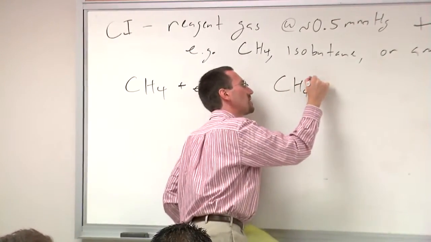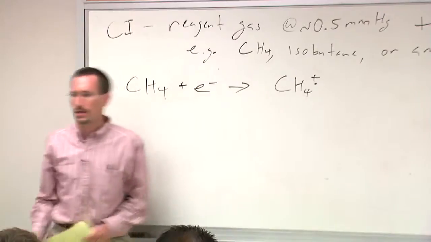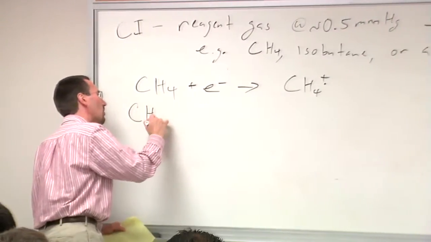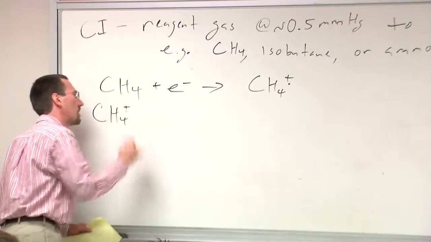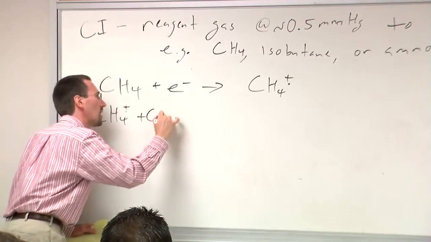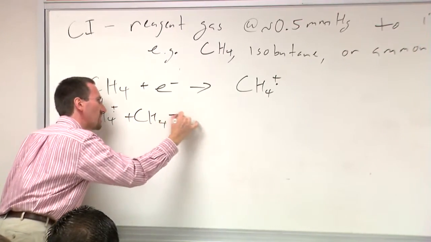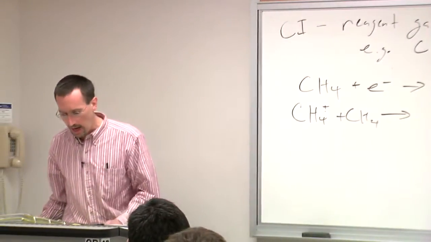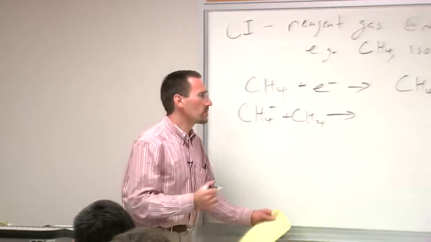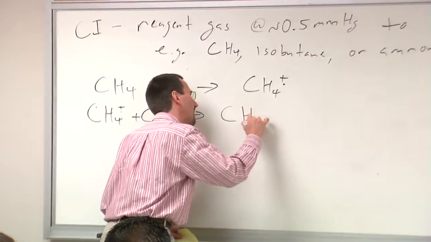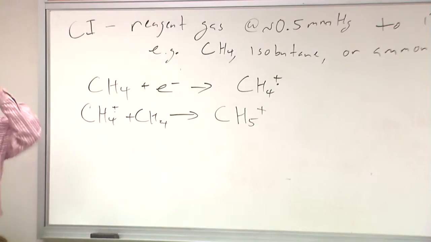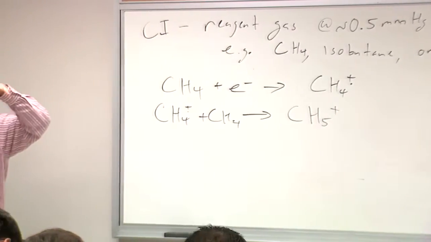You get CH4 plus dot. In the gas phase, when CH4 plus dot collides with another methane molecule, what happens is you transfer a hydrogen, and so you get CH5 plus, protonated methane. In other words, you basically glommed a proton onto the methane structure.